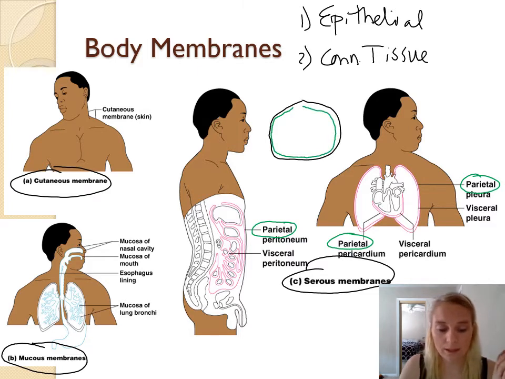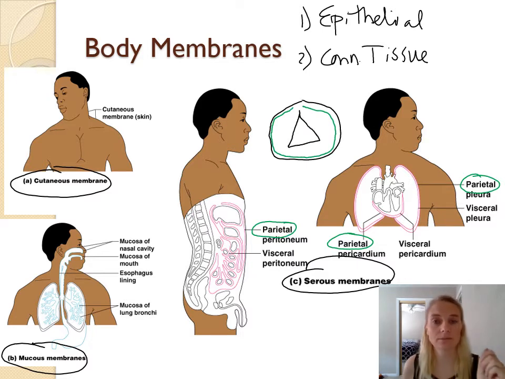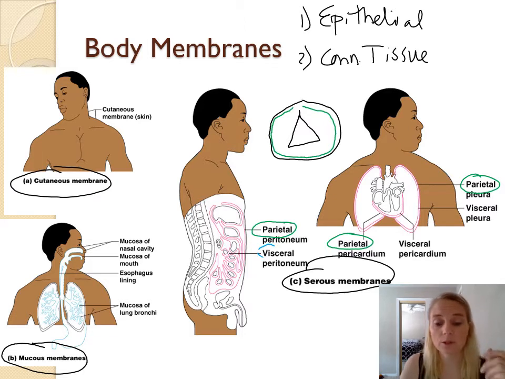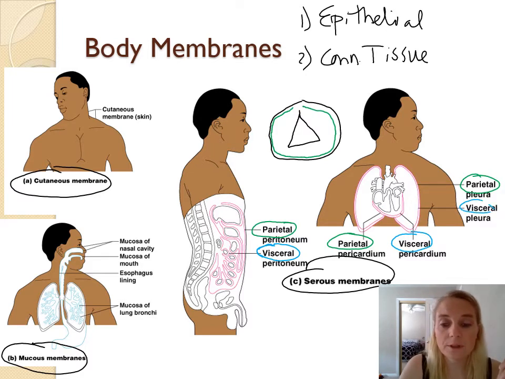Okay. And then let's say we have an organ. I'll just make a triangular organ, because we don't really have a triangular organ, but just for illustrative purposes. The other component to these serous membranes is what we call the visceral component. So we have visceral peritoneum, visceral pericardium, and visceral pleura. The visceral is a membrane that's found on the surface of the organ.